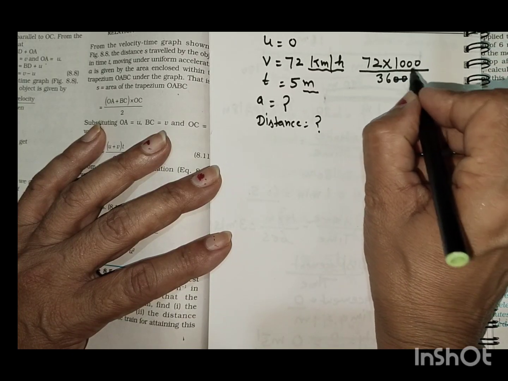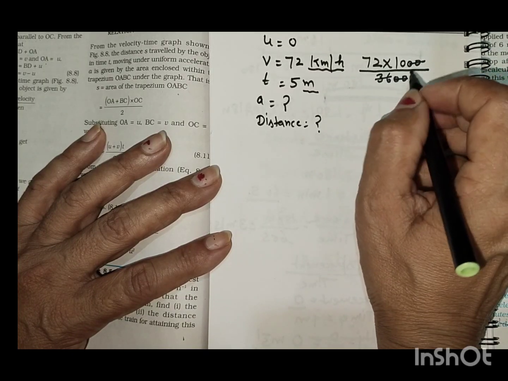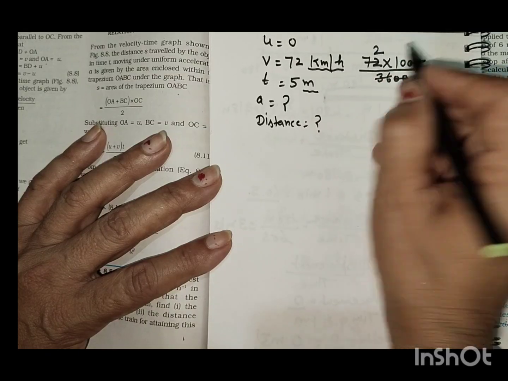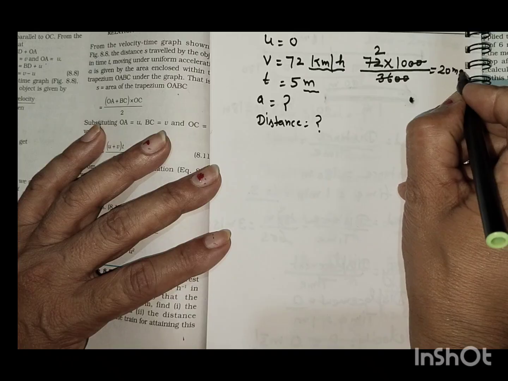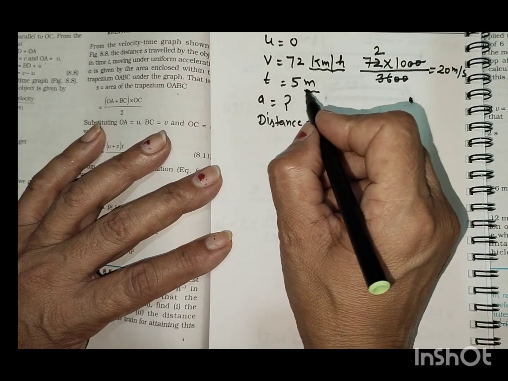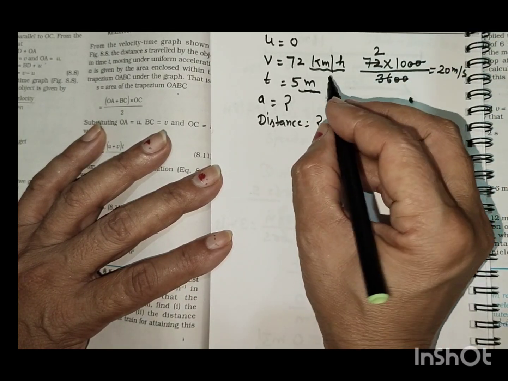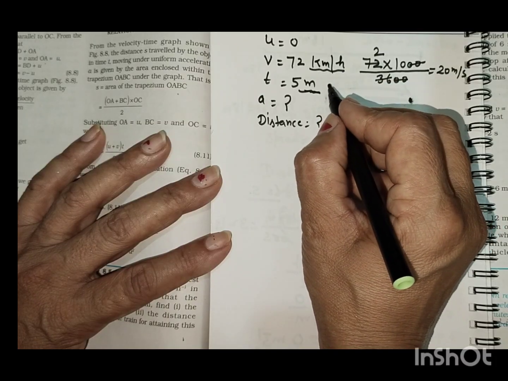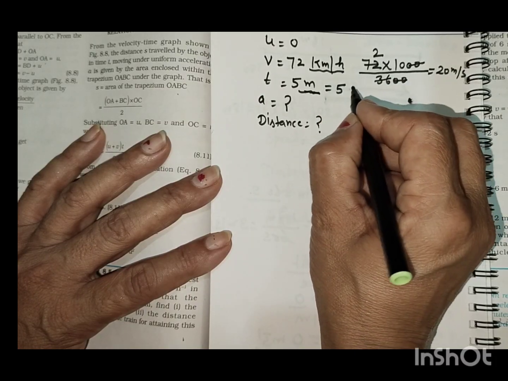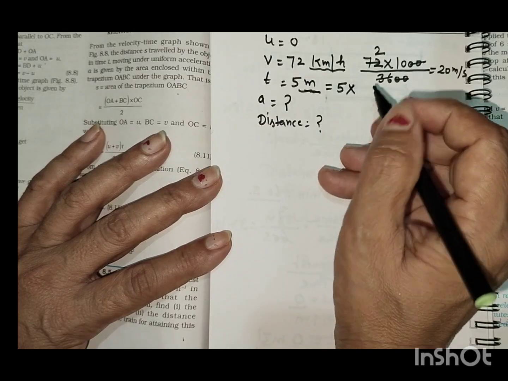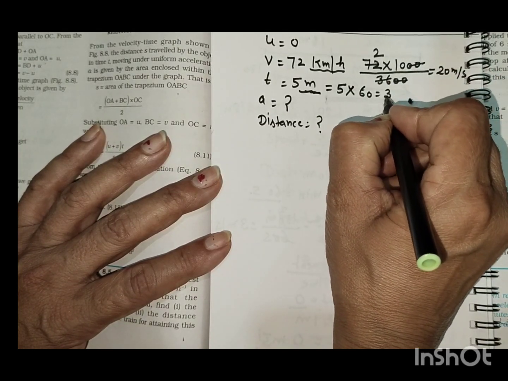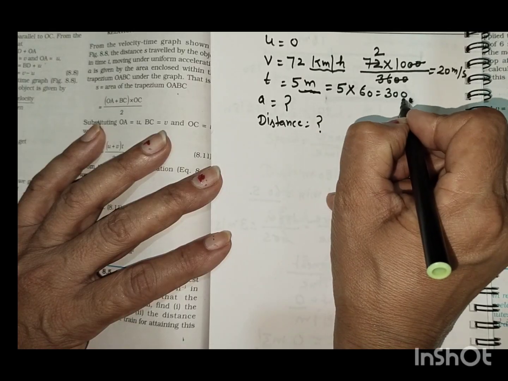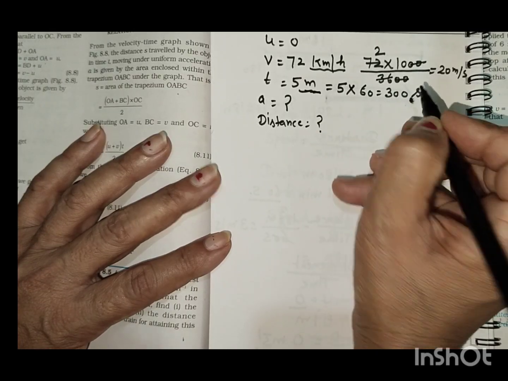Then you can solve it. 36 into 2 is 72, and then it becomes 20 meters per second. And minutes also change into seconds. 1 minute has 60 seconds, so 5 into 60 is 300 seconds.